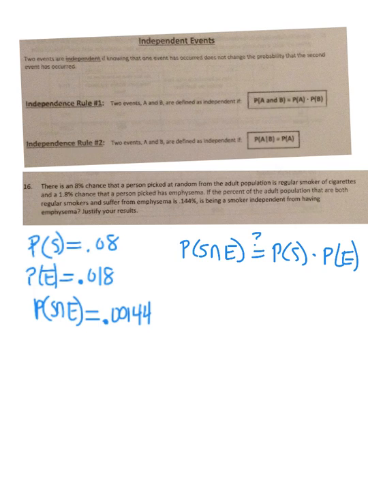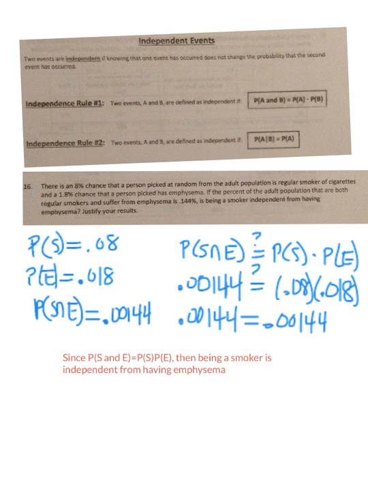So since those are equal, then I would just restate the rule. So since the probability of S and E equals the probability of S times the probability of E, I'm just restating the rule here, then being a smoker is independent from having emphysema.